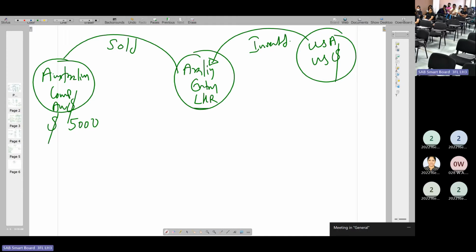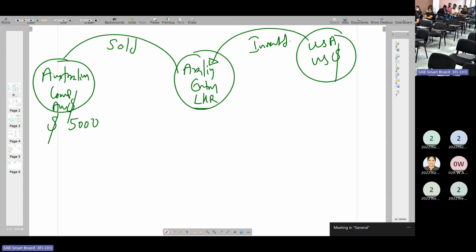In this case, what is the functional currency? What is the functional currency of this entity?